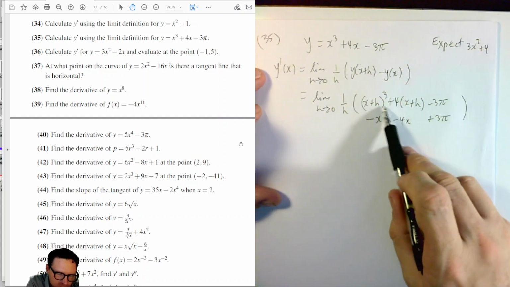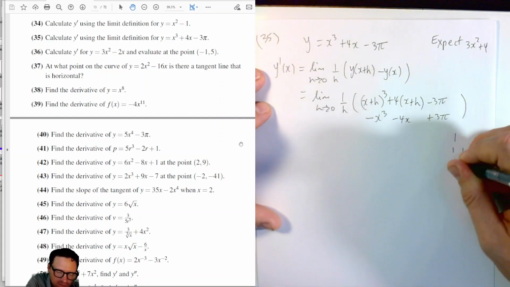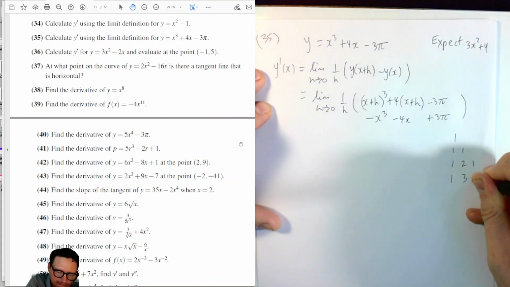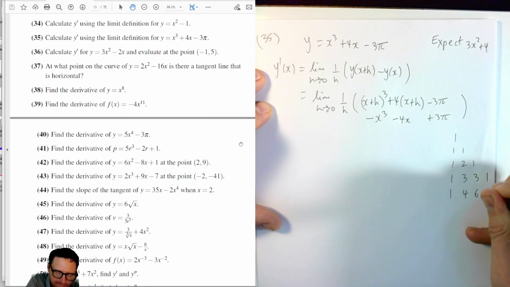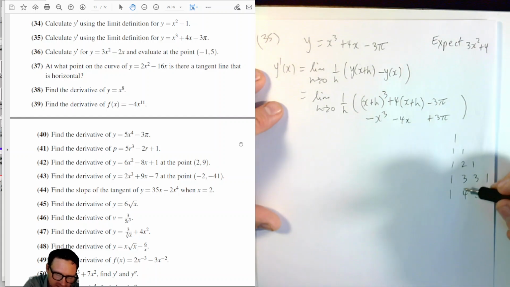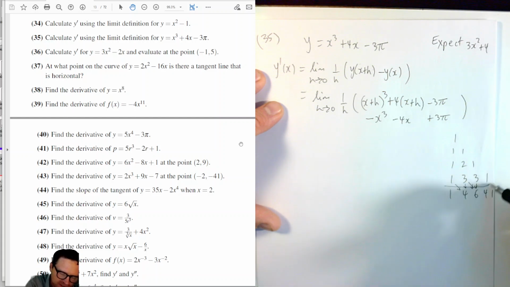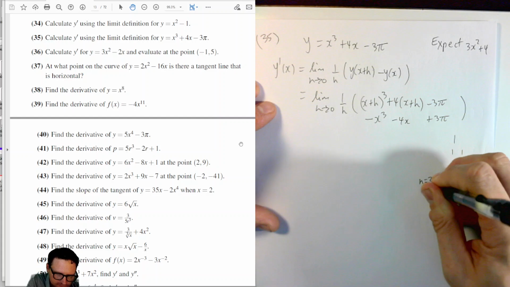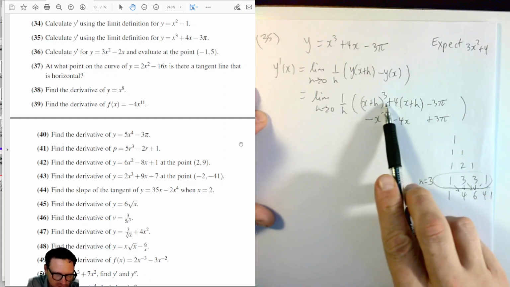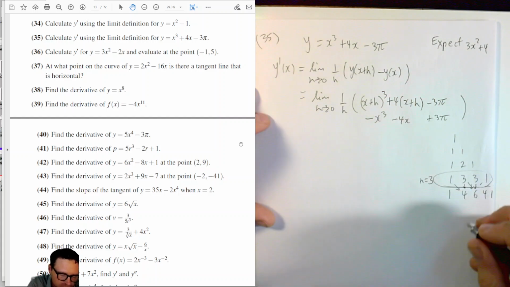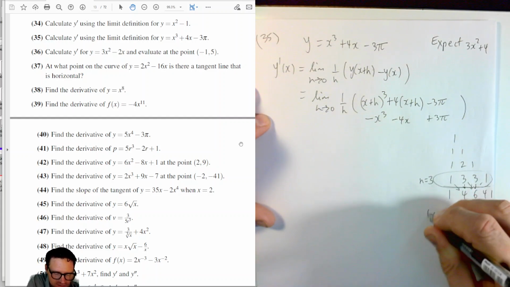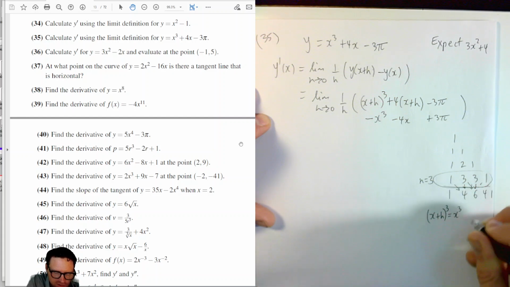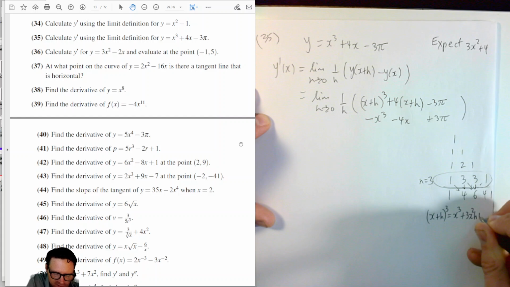Okay, now we need to expand this cube. So remember Pascal's triangle. Okay, where to get this, I add the two of these, but we're interested in this row here, right? Because this tells us how to expand a sum to the power of 3. So in other words, (x plus h) all cubed is x cubed plus 3x squared h plus 3x h squared plus h cubed.